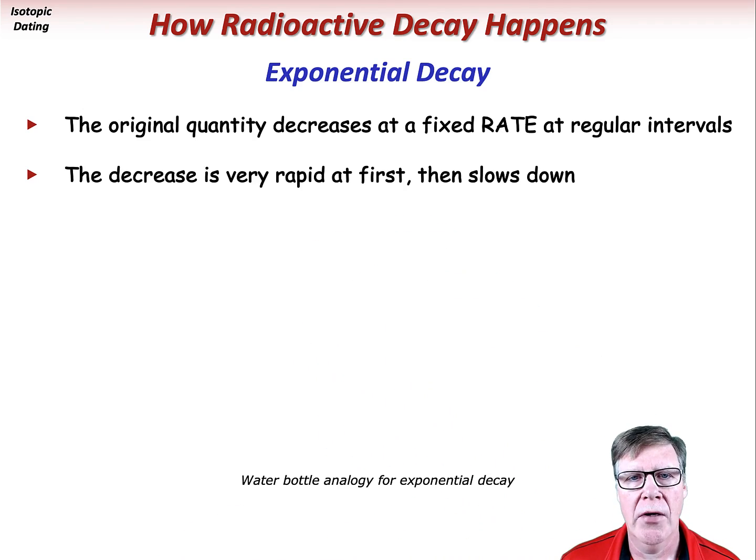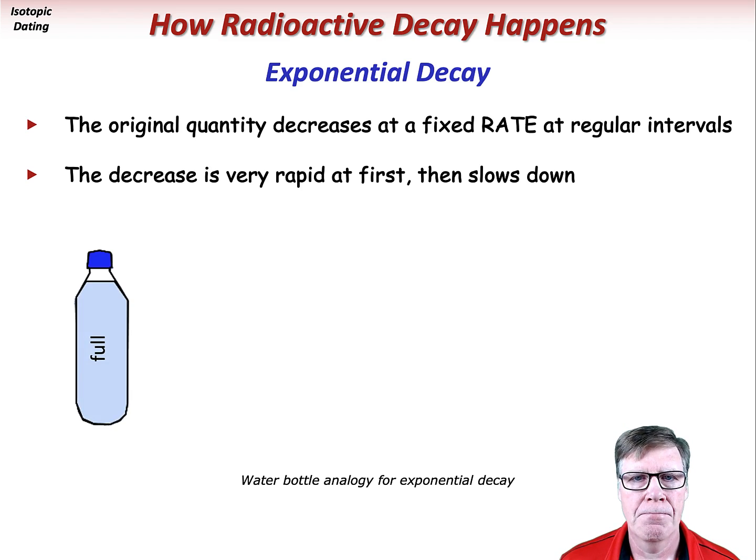Let's use the water bottle analogy again, but this time for exponential decay. We start with a full bottle of water, with the water representing the amount of radioactive parent isotope. After a certain amount of time, again let's do every 5 seconds, we will pour out half or 50% of the amount in the bottle that we started that interval with.